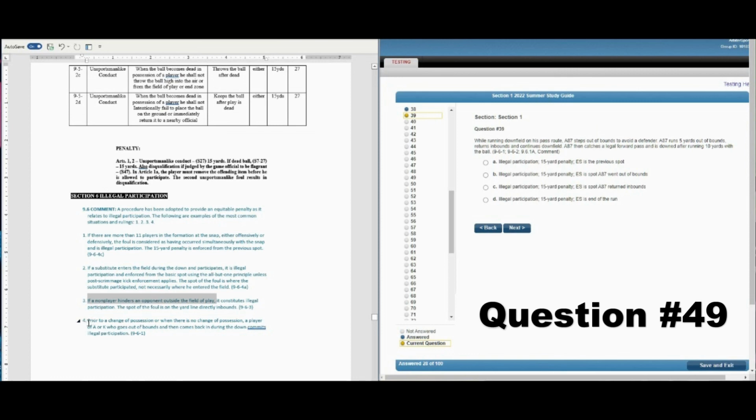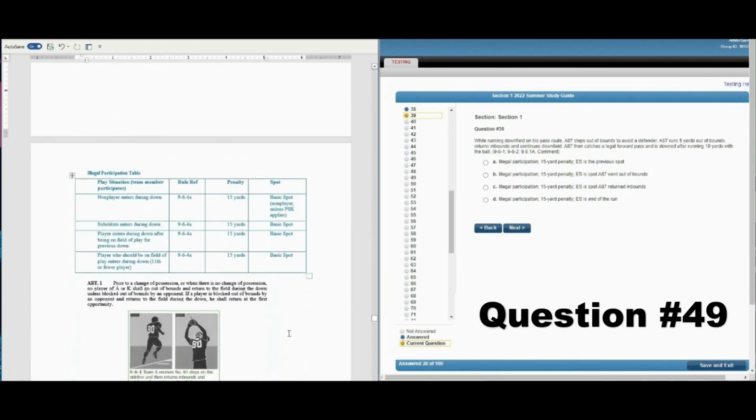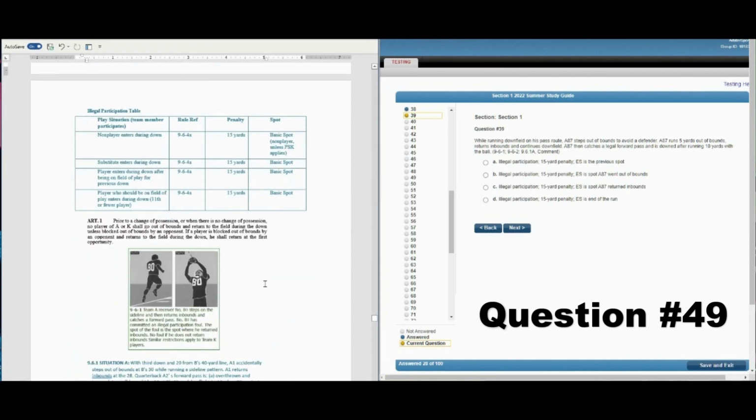Prior to a change of possession or when there is no change of possession, a player of A or K who goes out of bounds and then comes back in during the down commits illegal participation. Now, there is an exception to that, and that is that if the player is blocked out of bounds by an opponent and returns to the field during the down, he has to return at his first opportunity.